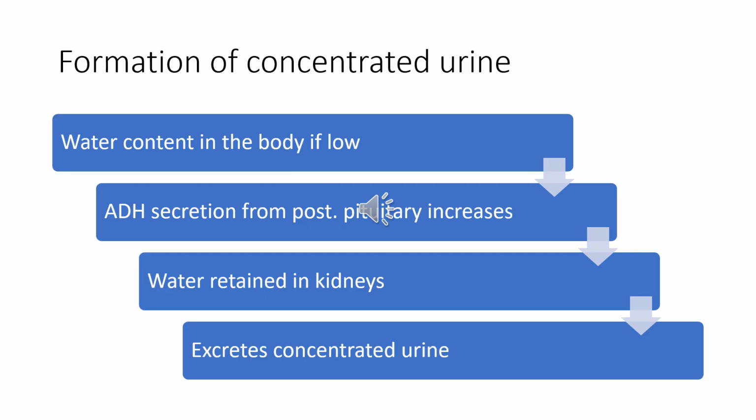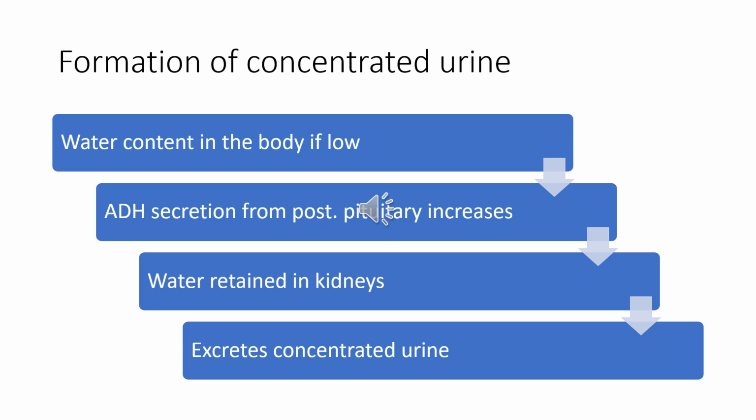So, how is a concentrated urine formed? When the water content in the body is low, the ADH secretion from the posterior pituitary will be increased, and this causes retention of water by the kidney tubules, and thus a very concentrated urine will be excreted.